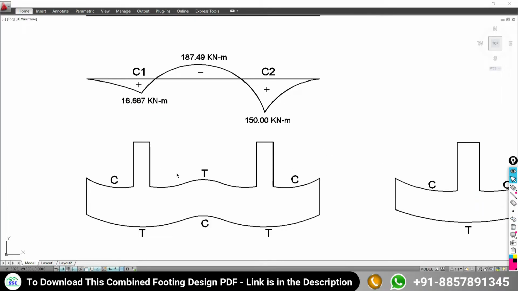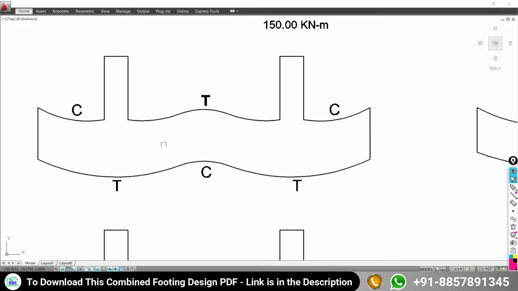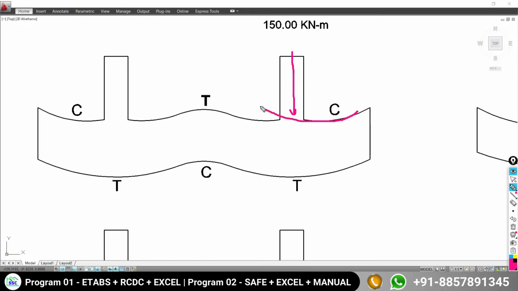Thereafter, the second diagram is the flexural behavior of your foundation under the application of the loading. With this, you can decide the positions of the reinforcement. So here you can understand that under the column loading, this part of the foundation will be under compression. It is going to be deformed like this.